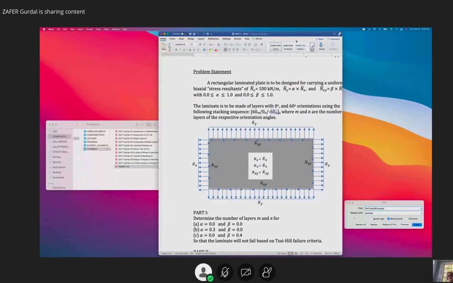But on top of it, the design job is also complicated, because not only do you need to find the total number of plies, M and N, like what you have here. If M is 5, that doesn't mean that you put all 60-degree plies together. You may actually be forced. In fact, nobody puts more than 2 layers of the same orientation angle together.